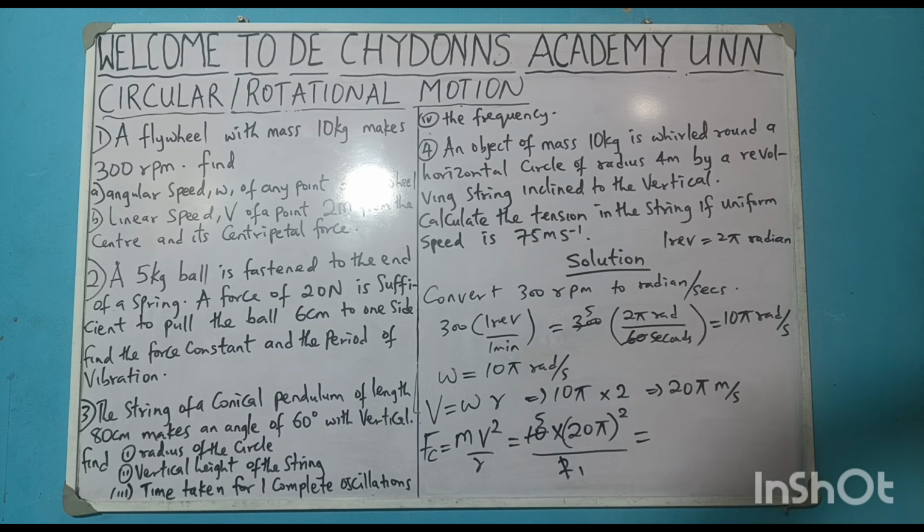That means 5 times 400 pi squared, in Newton. So that will give you 5 times 400, which is 2000 pi squared in Newton.